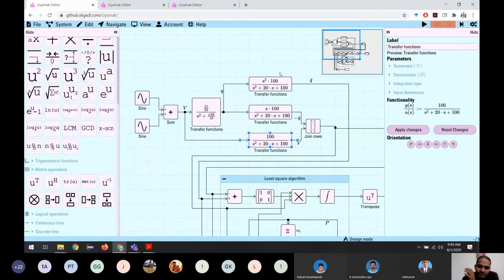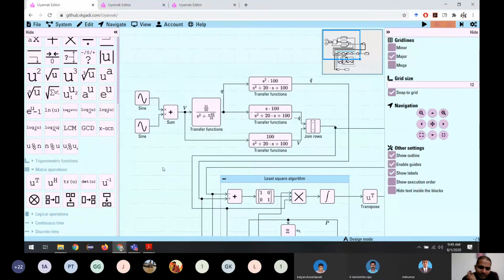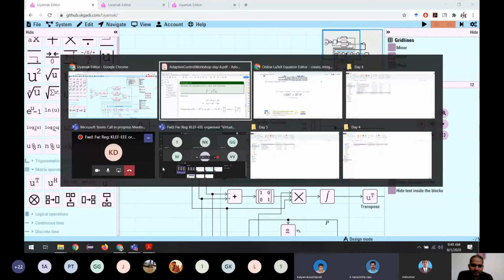So let's put it into the model so it will be a more representative way. Even if you are not implementing it in software, most probably you are already implementing it in the hardware.